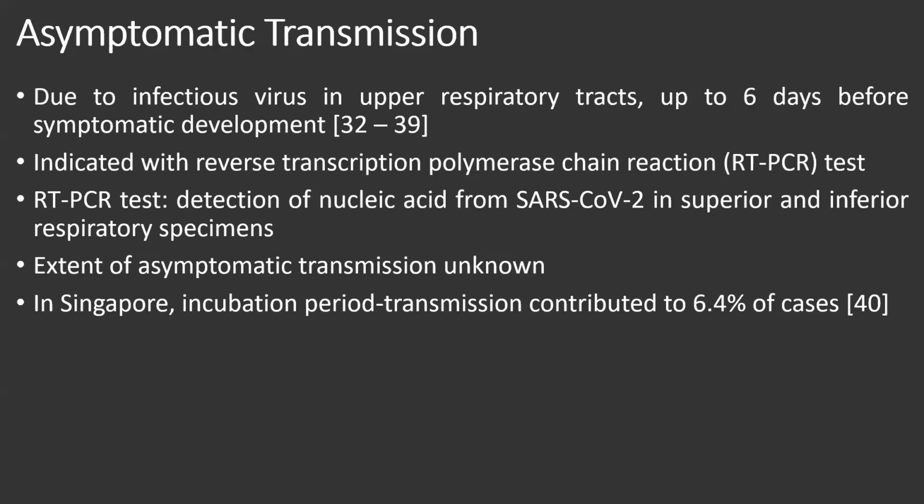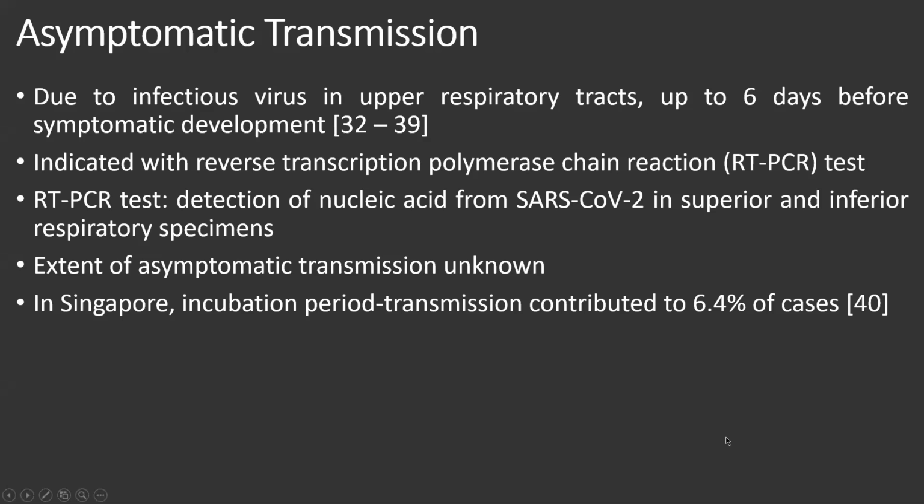And they were found to be positive in upper respiratory tract specimens in pre-symptomatic and asymptomatic patients as early as 6 days before the development of typical symptoms. So this RT-PCR test is for the qualitative detection of nucleic acid from SARS-CoV-2 in upper and lower respiratory specimens, such as nasal or nasopharyngeal swabs, sputum, lower respiratory tract aspirates, etc.